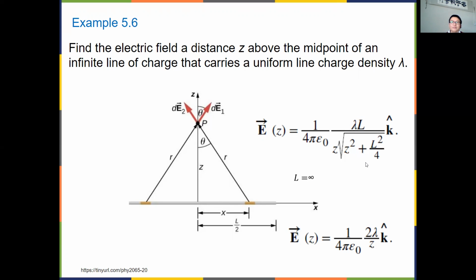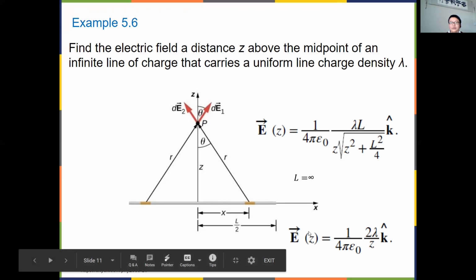Now you can see the 2 will go above there, so it'll be 2 times lambda L divided by L. So L will cancel out, and you'll have the electric field in the z direction equal to 1 over 4 pi epsilon naught times 2 lambda over z in the k direction.